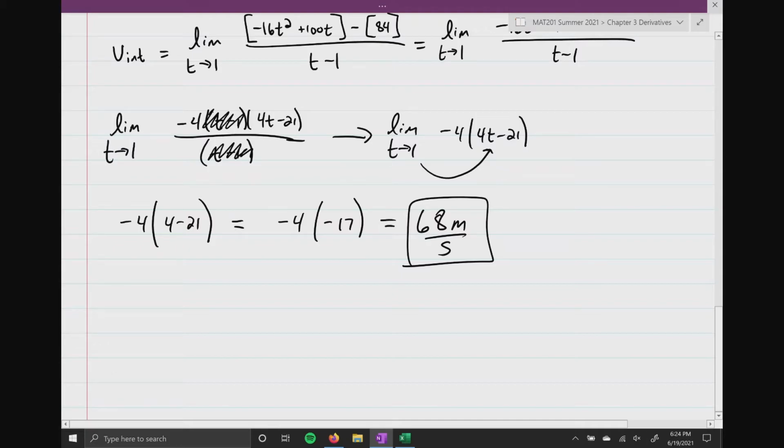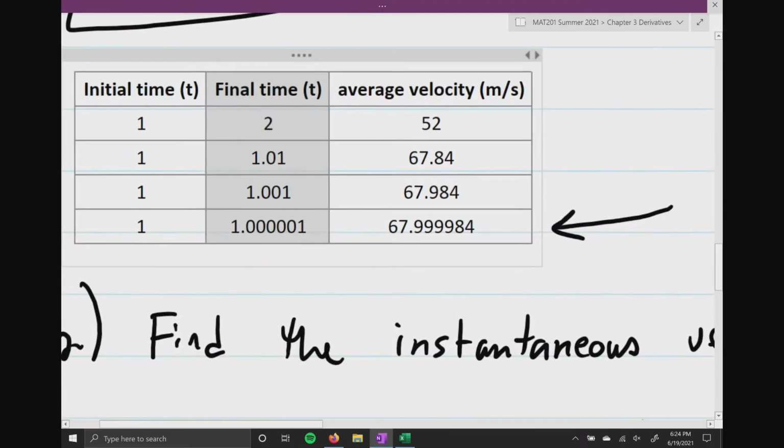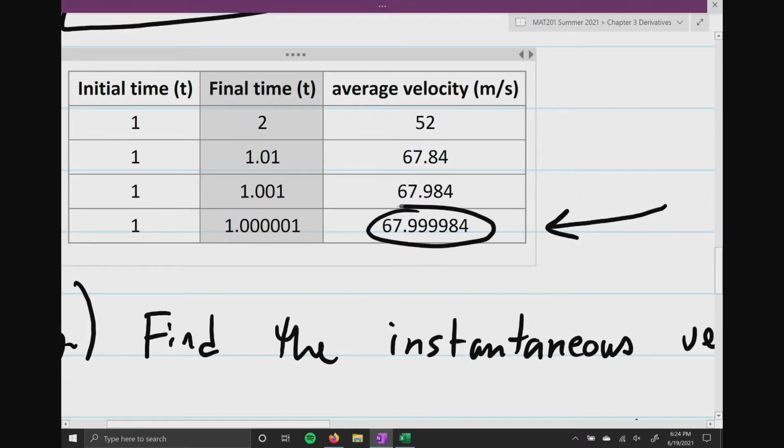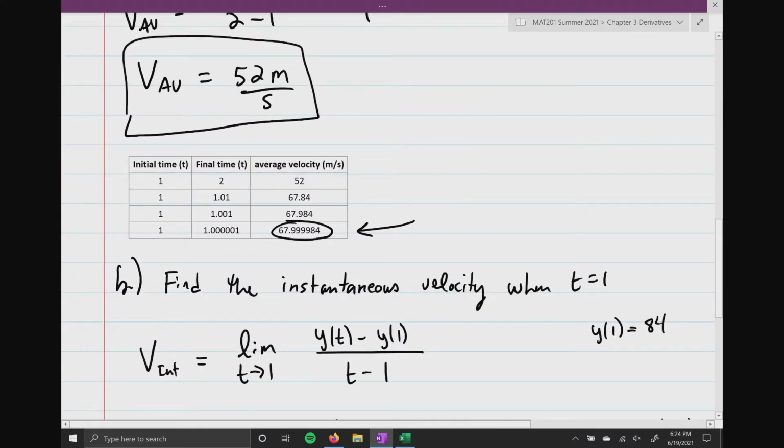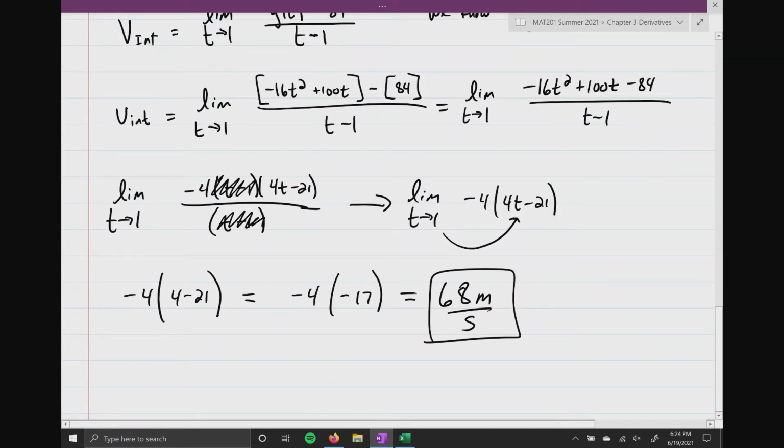So you can see, and I'm going to scroll up here a little bit, when finding the average velocity, we noticed that our values were getting closer and closer to 68 if we were to round to the nearest whole number. Using the instantaneous velocity formula, we calculated that at t equals 1, the instantaneous velocity is 68 meters per second.